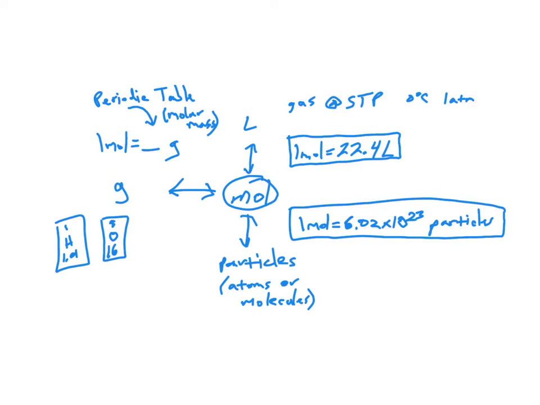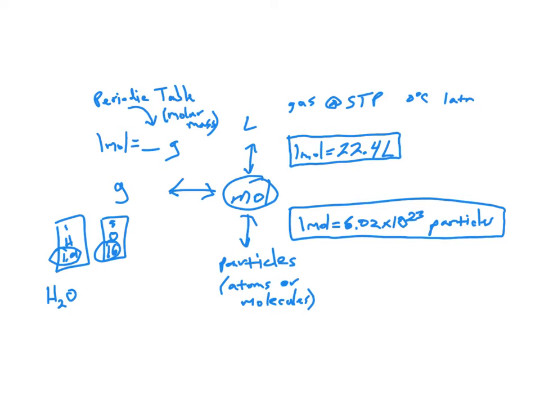So that's what it looks like on the periodic table. So when we have water, H2O, 1 mole of hydrogen atoms weighs 1.01 grams, the average mass, and 1 mole of oxygen atoms weighs 16 grams. So in other words, if I had 6.02 times 10 to the 23rd hydrogen atoms, it would weigh 1.01 grams.